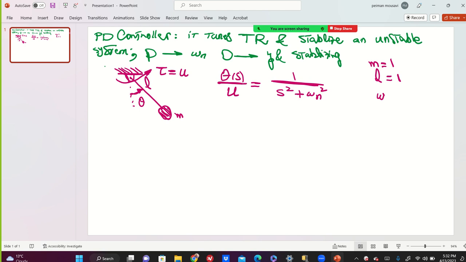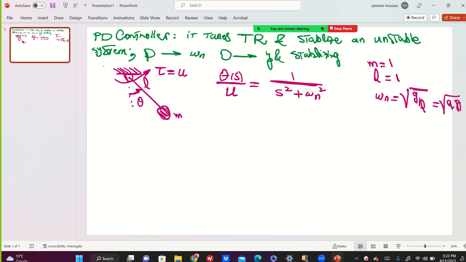And you know that the omega n square of the pendulum from the first class is g over L, which is 9.81.